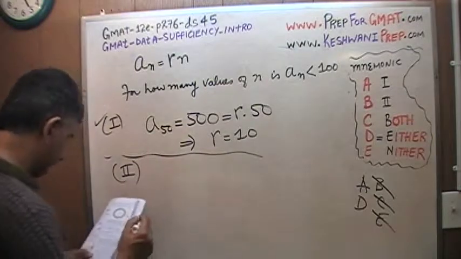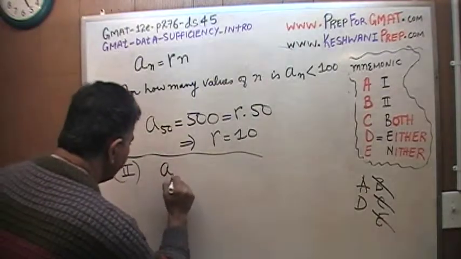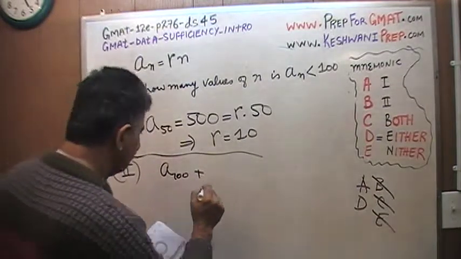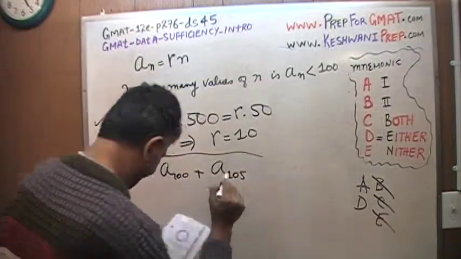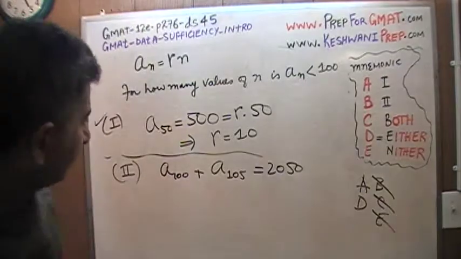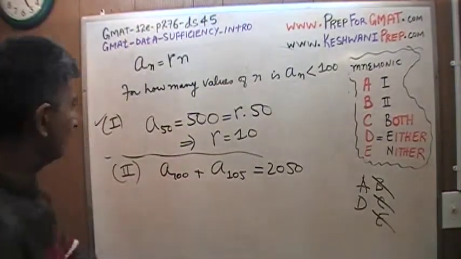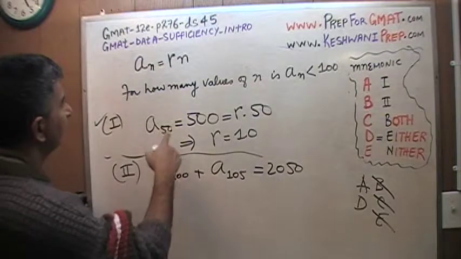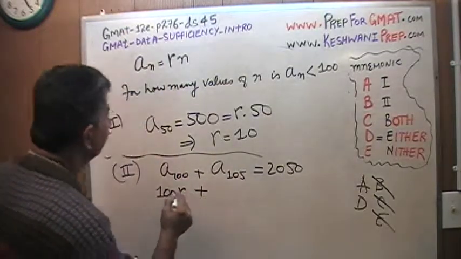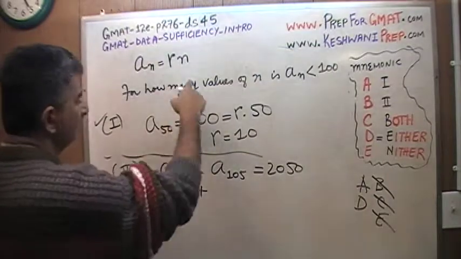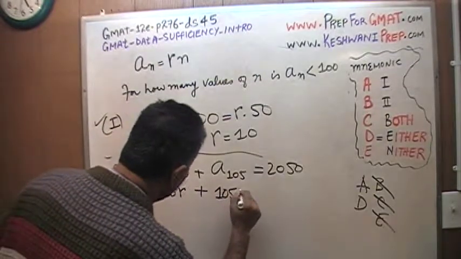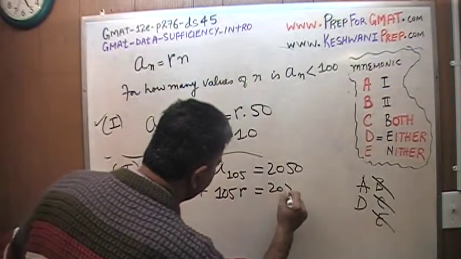The second statement tells us the value of the 100th A plus the value of the 105th A equals 2050. I shouldn't have taken up this much room up there because now I'm getting lower and lower. A sub 100 means 100 times R, plus 105 times R, because N is 105, so I put it in here, is 2050.